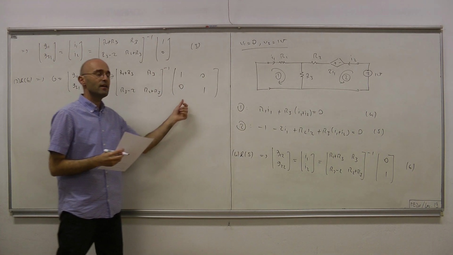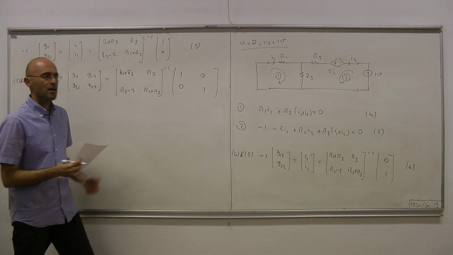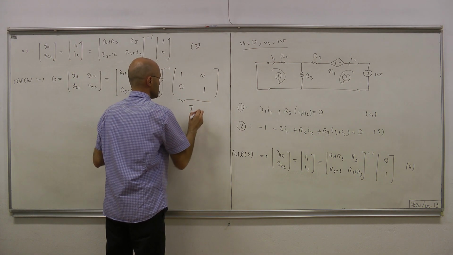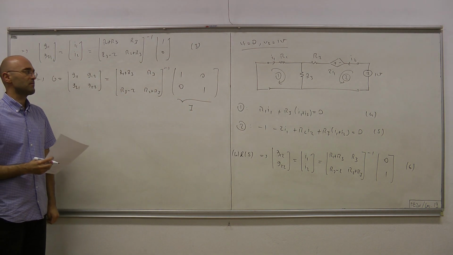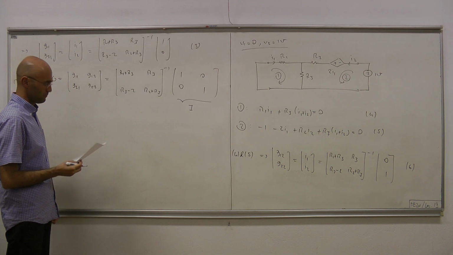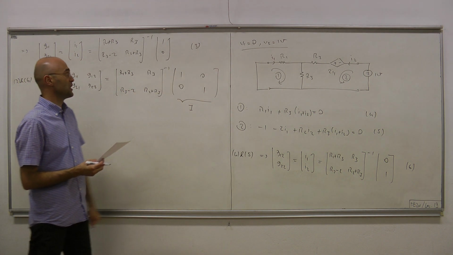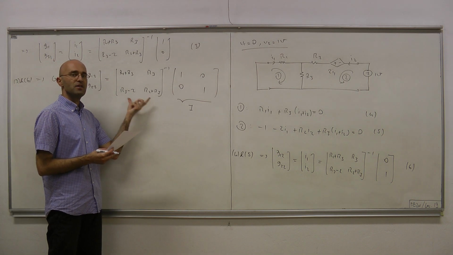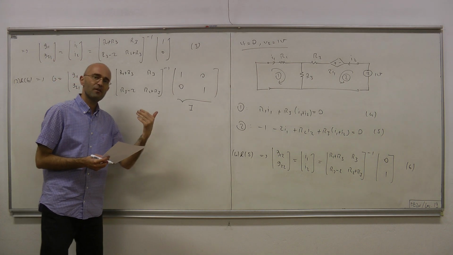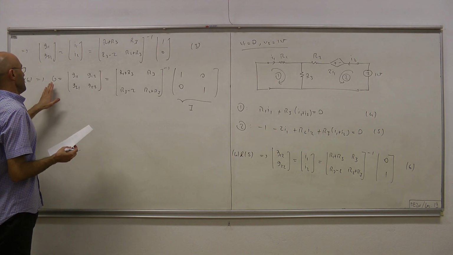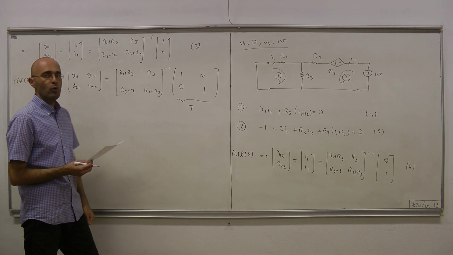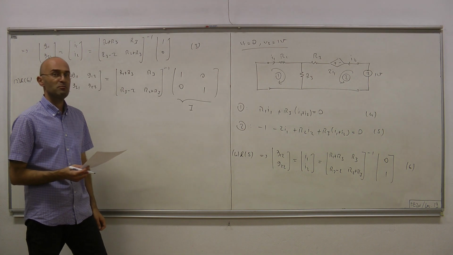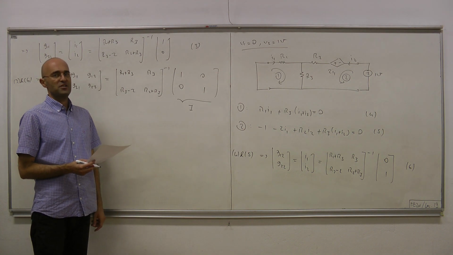Note that when we do that, a special matrix appears. That special matrix is no other than the identity matrix. Therefore, we can just ignore it and see that G equals the inverse of this matrix, and this matrix is the resistance matrix. So the conductance matrix equals the inverse of the resistance matrix when the inverse exists.